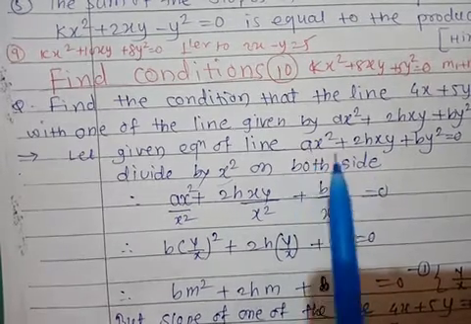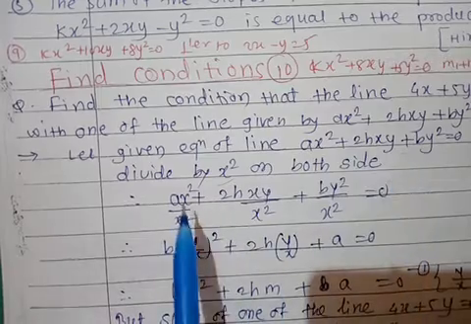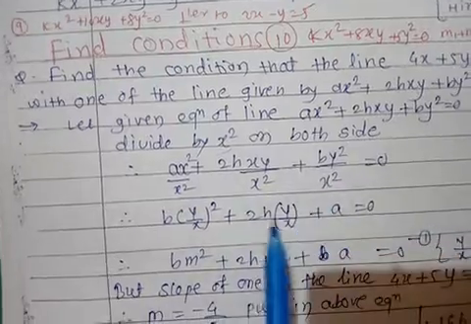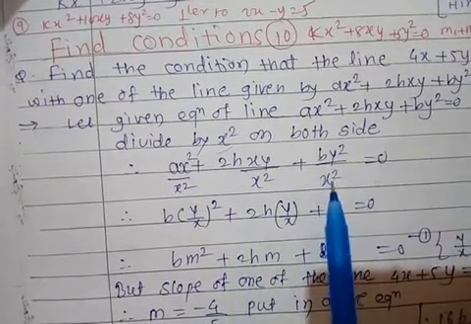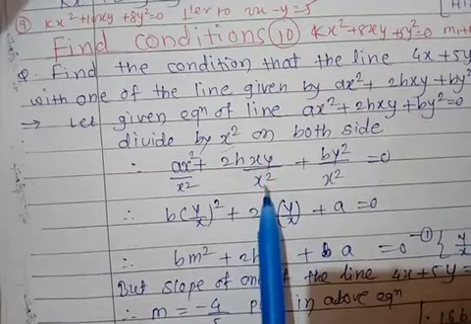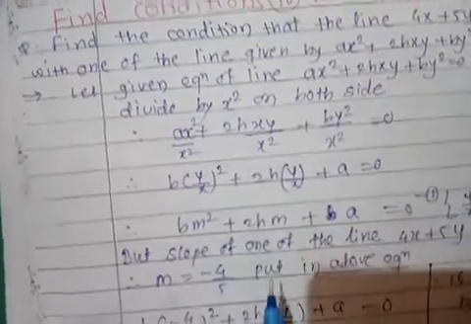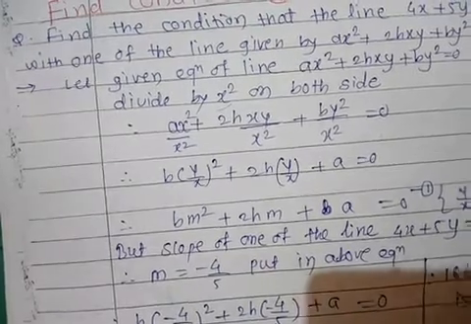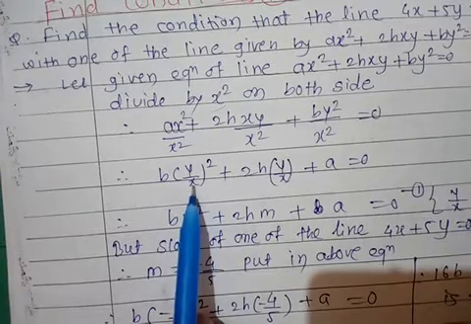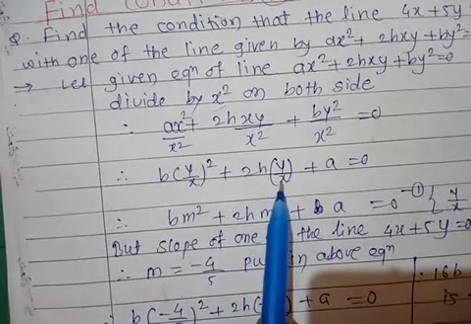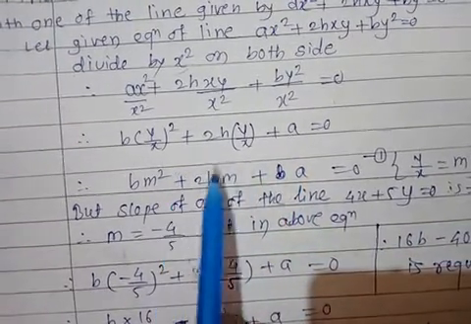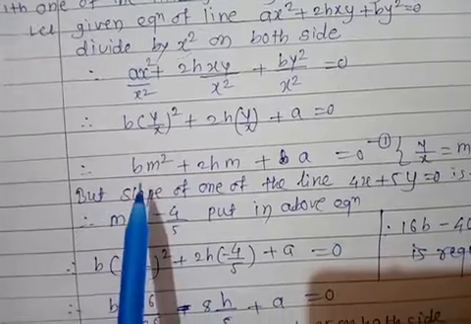Therefore, a plus 2h y by x plus b into y by x whole square equals 0. Put y by x equal to m, therefore bm square plus 2hm plus a equal to 0. It is the auxiliary equation. You have to first convert that equation to the auxiliary equation.